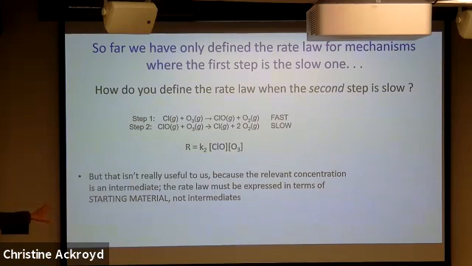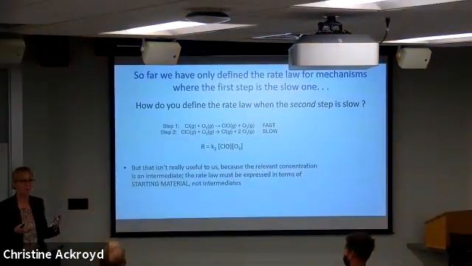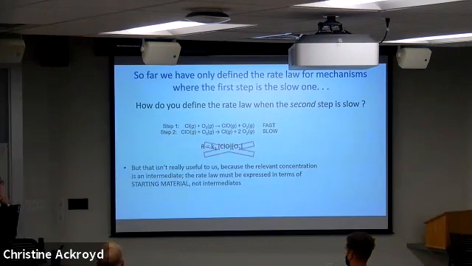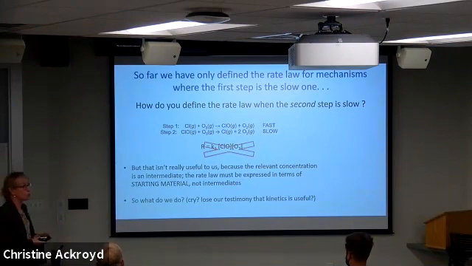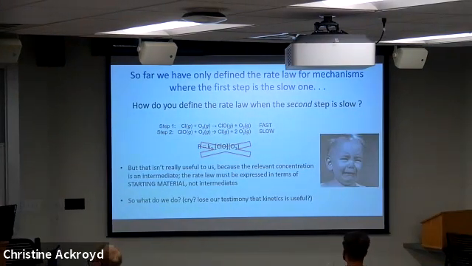So now what do we do? Because actually that is the stoichiometry of the rate determining step. How do we do this? We can't do that. Okay. So what do we do now? My favorite picture. That's so sad. Okay, so we have a problem.